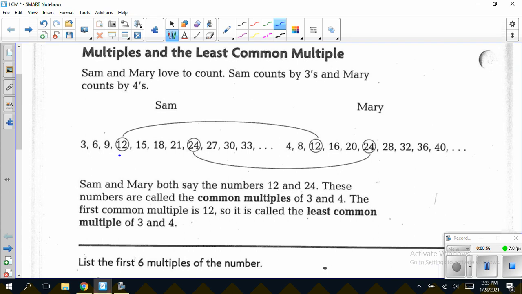So we do have the number 12 for Sam and Mary, and then also the number 24 for Sam and Mary. These are what we would call common multiples of 3 and 4. So the first common multiple is 12. Because that is the first common multiple, that is what you would call the least common multiple, or LCM.